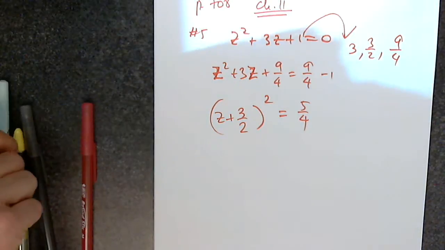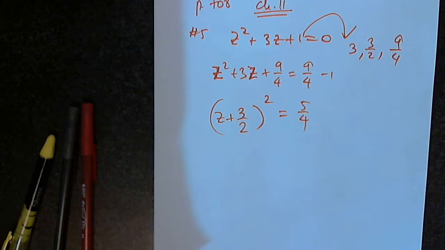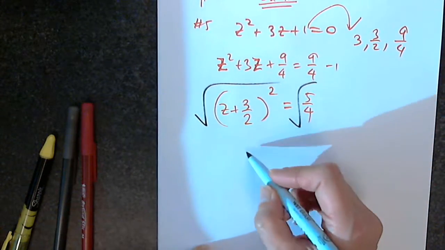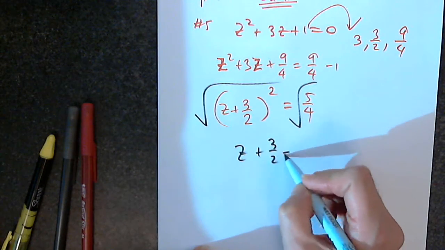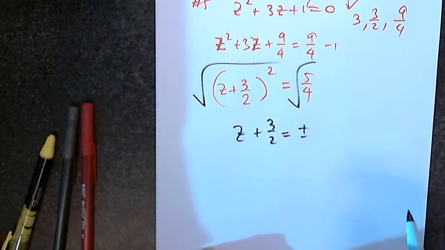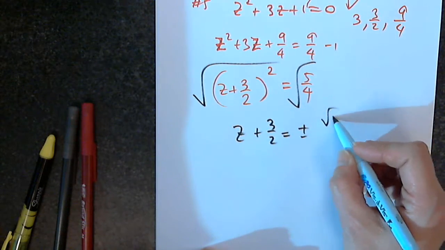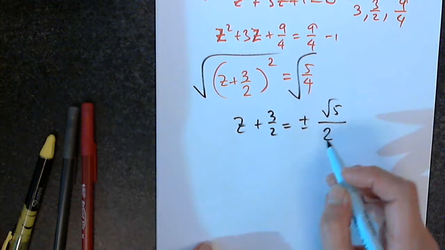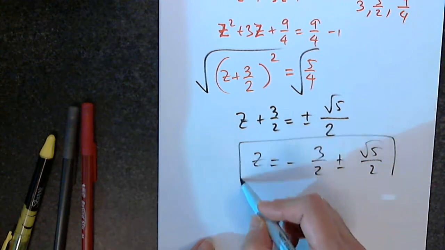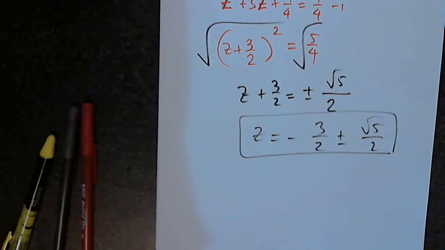As we know, we cannot really solve a quadratic equation by completing the square, but now we have to take the square root from both sides, and we have z plus 3 halves equals. Very good. The top is, and the bottom is? Very good. So therefore, z equals negative 3 halves plus or minus the square root of 5 over 2. And we don't need to do anything else. Perfect.